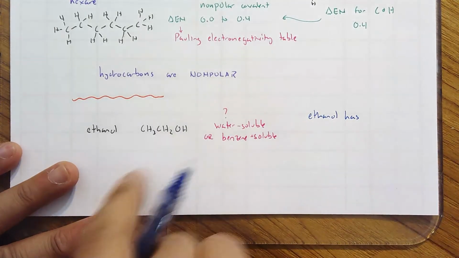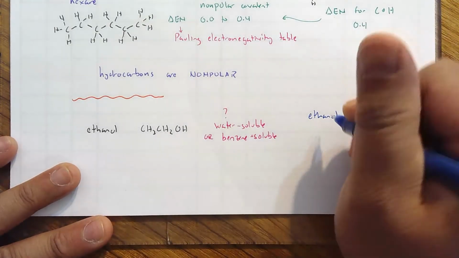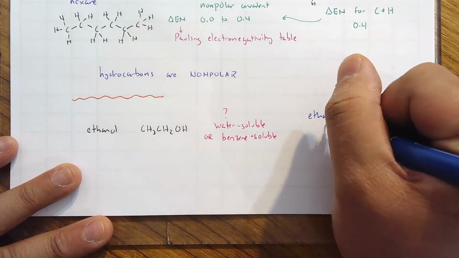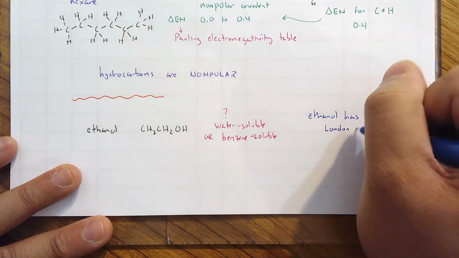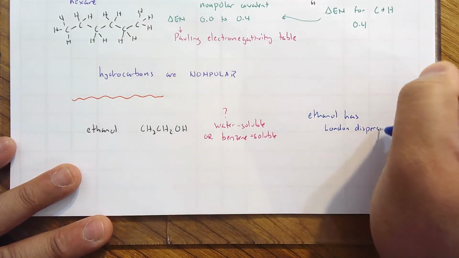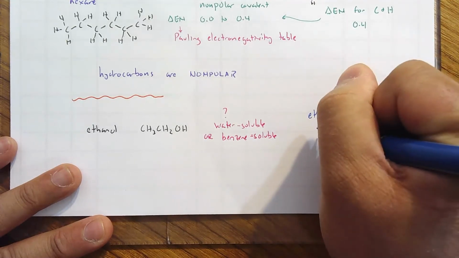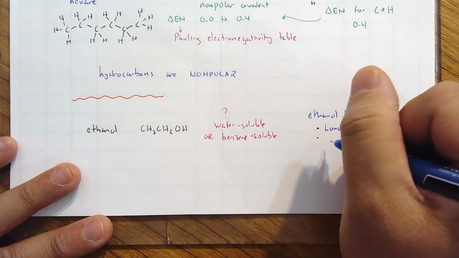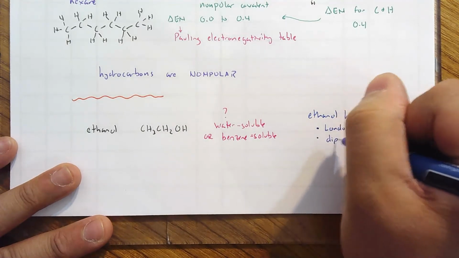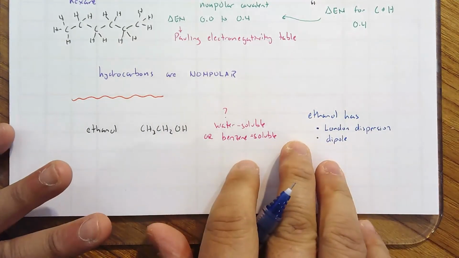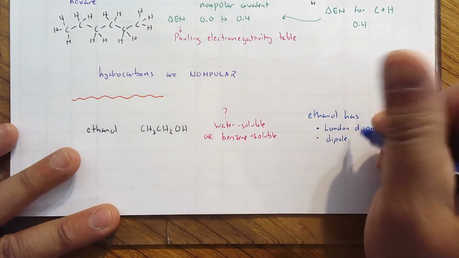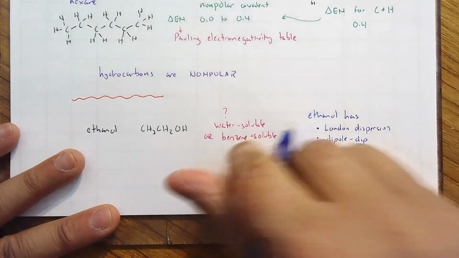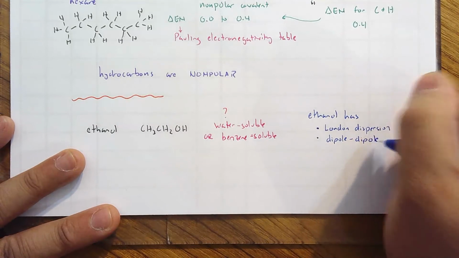So we'll do this in order. All molecules have London dispersion attractions. This molecule is dipole-dipole because of the carbon-oxygen dipole. And I'm just talking about with itself. Okay, we're going to determine water or benzene in just a bit.